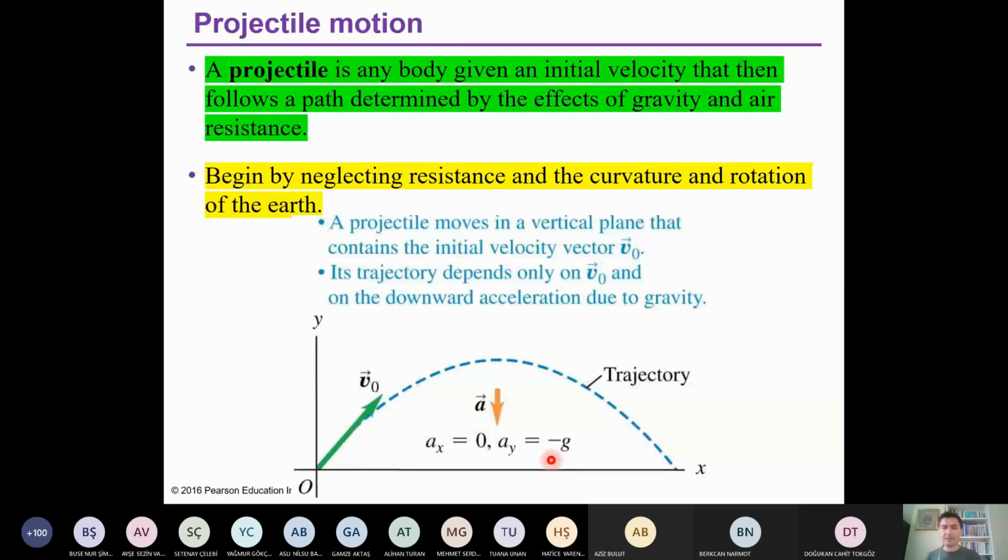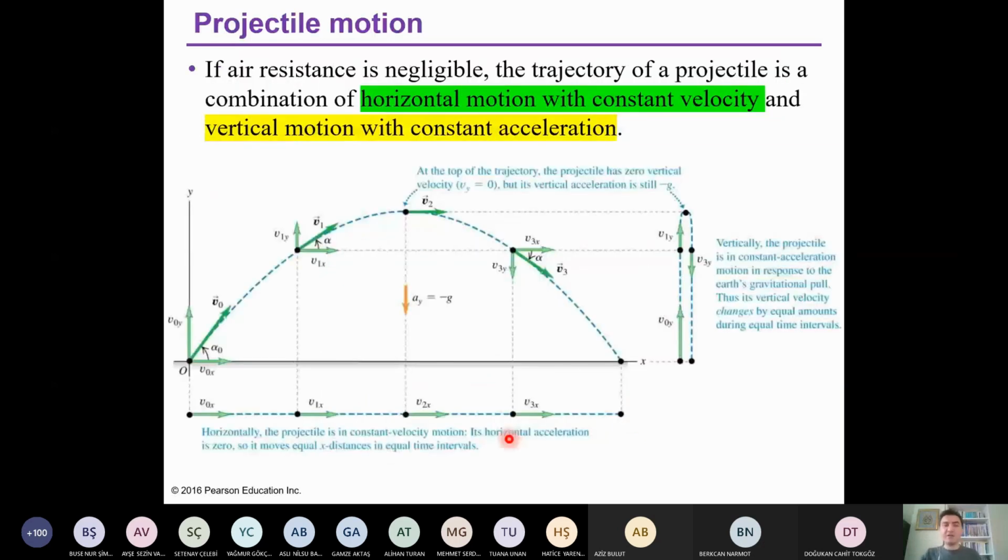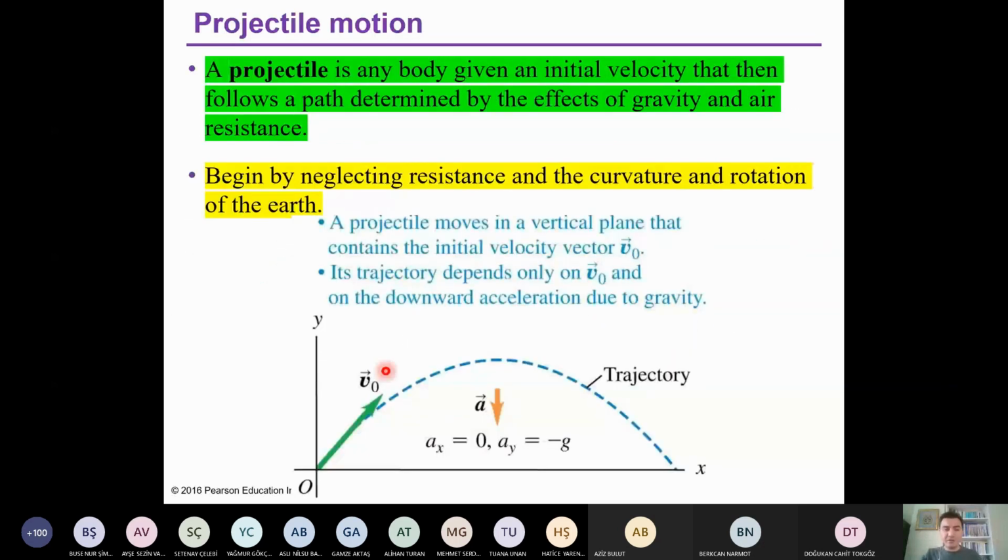So a projectile moves in a vertical plane that contains the initial velocity vector v0. Its trajectory depends only on v0 and the downward acceleration due to gravity. So now let's try to find the components of this projectile motion.